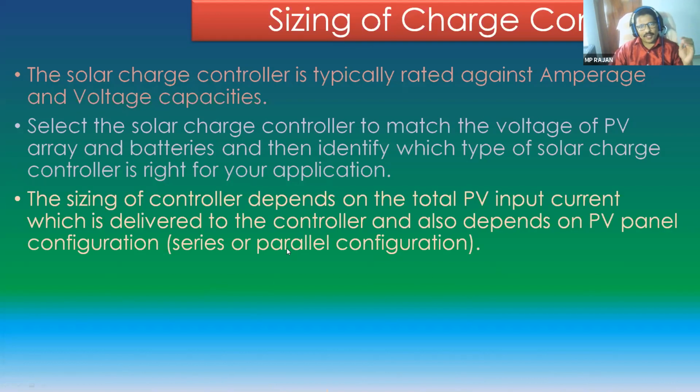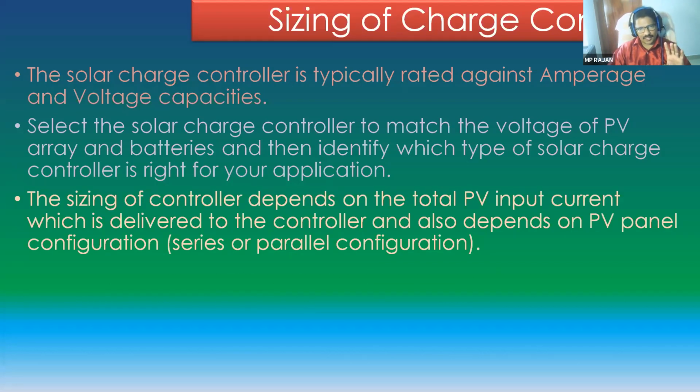How many solar modules are you connecting in parallel? Suppose n number of solar modules are connected in parallel. Your charge controller should be able to sustain a current equal to the ISC of one module times the number of modules.